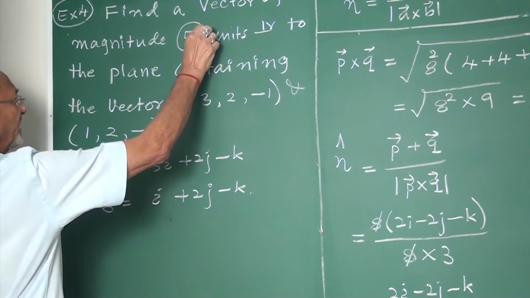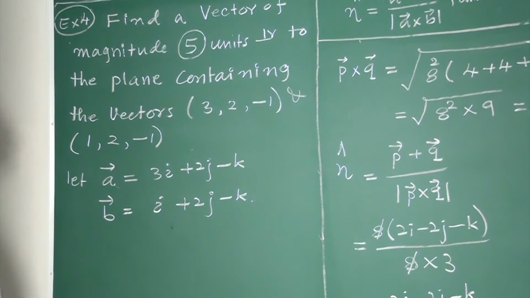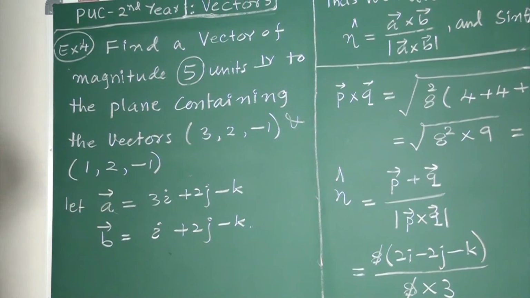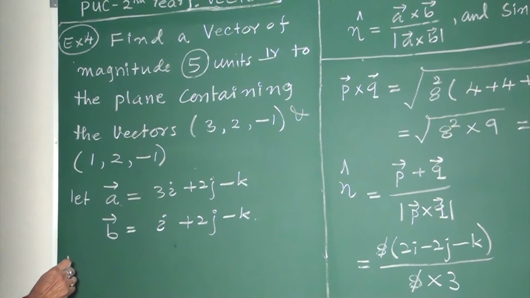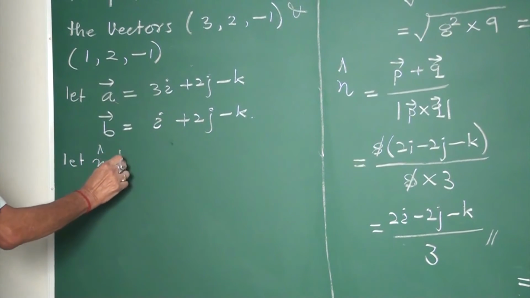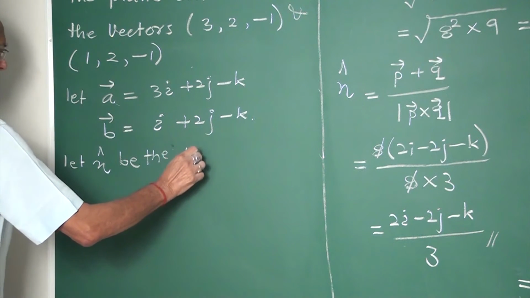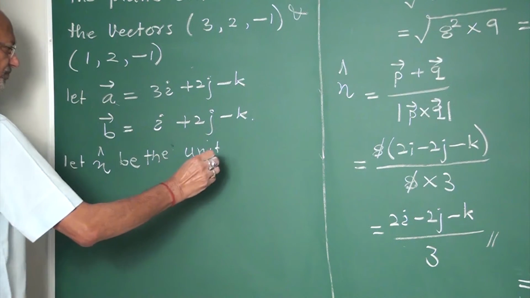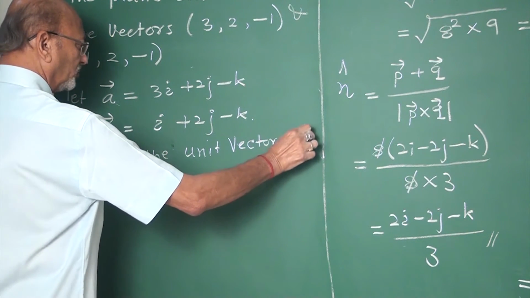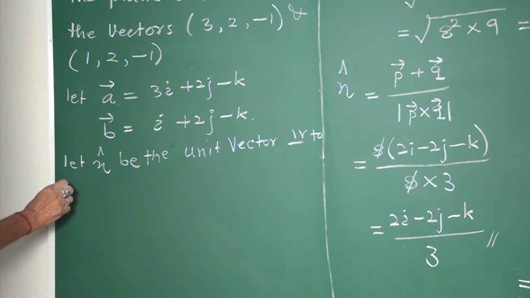If you multiply that unit vector by 5, you get a vector of magnitude 5 and perpendicular to this plane. Let eta cap be the unit vector perpendicular to both vectors A and B.